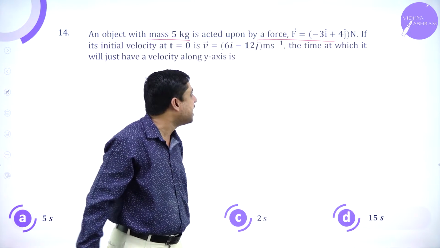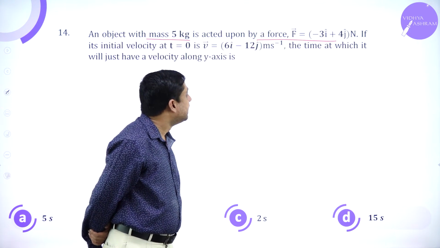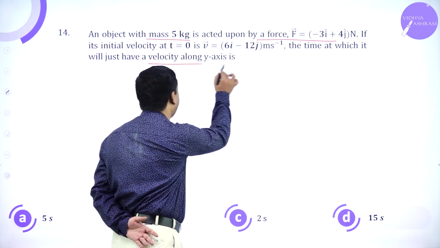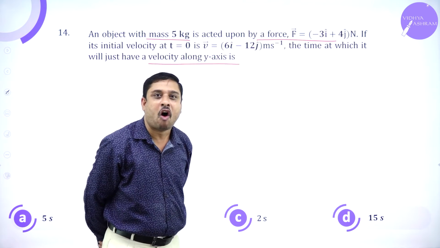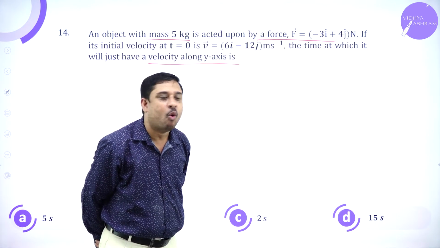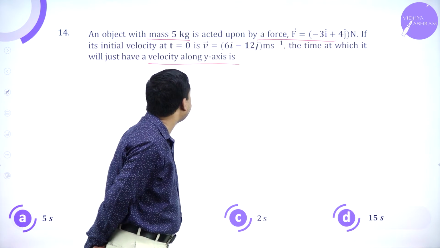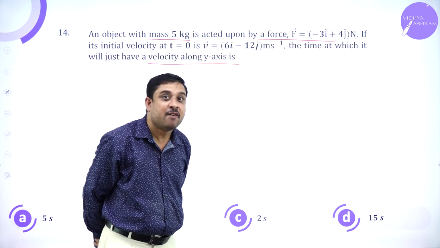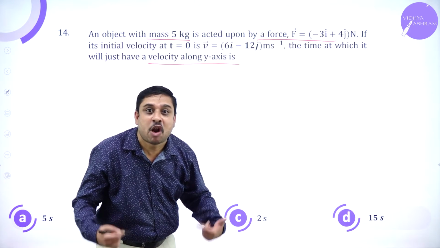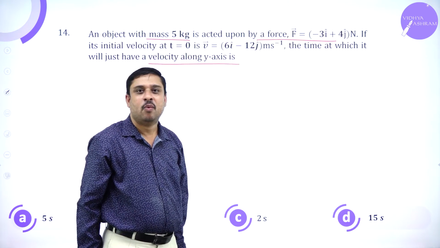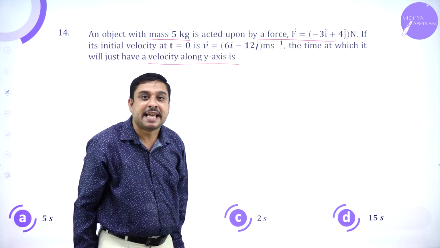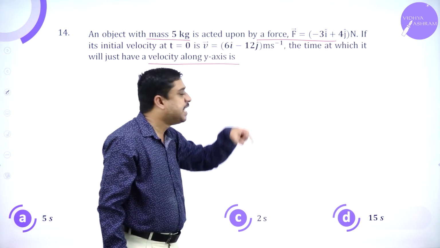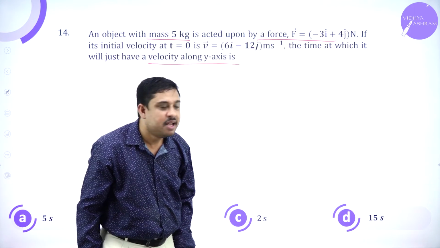Very clearly it says the time at which it should have velocity only along the y-axis. The initial velocity, when time t is equal to 0, is 6i minus 12j.